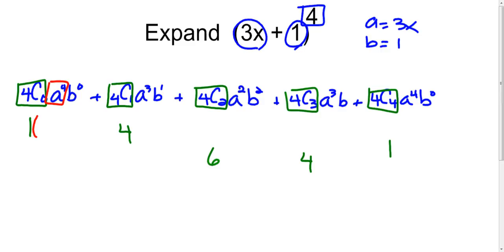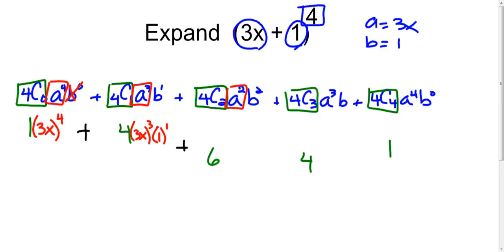Well, A is 3x, so I need to take 3x to the 4th power. B to the 0 is 1, so I don't need it. Then I need to take A to the 3rd power. A is 3x to the 3rd power, and B is 1, so I need to go 1 to the 1st power. I'm going to put plus signs in between here. Clearly, this got a little bit crooked. Sorry.